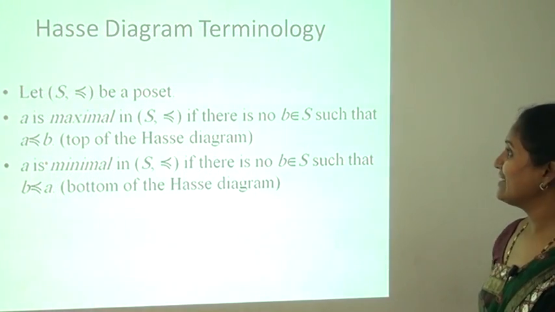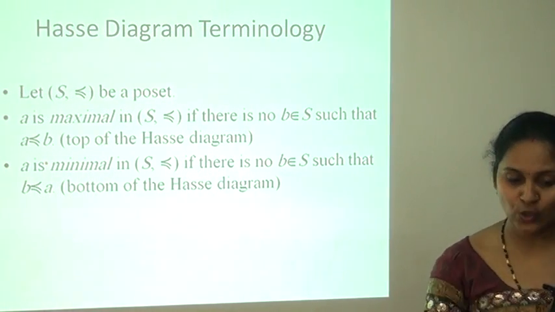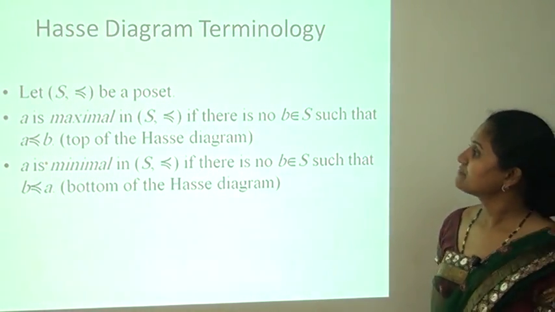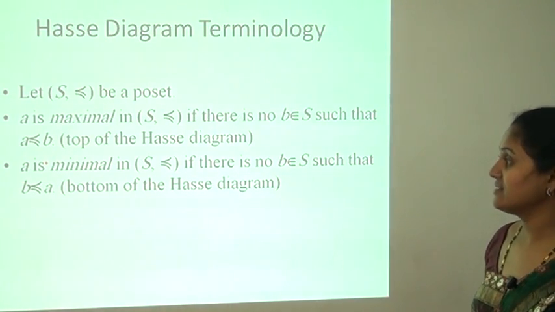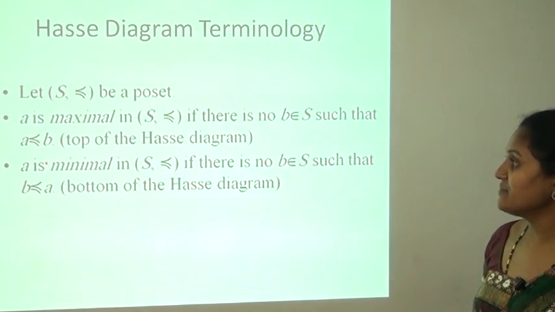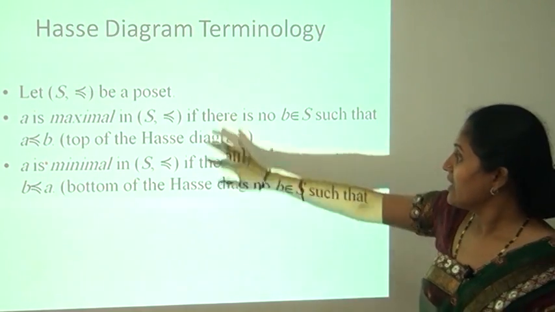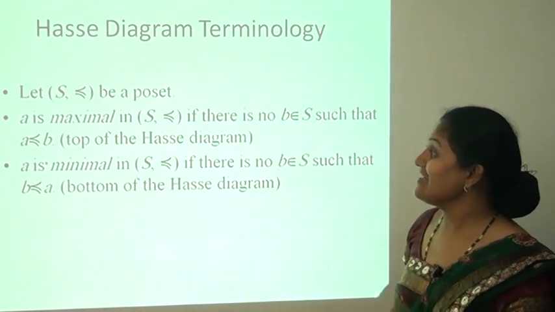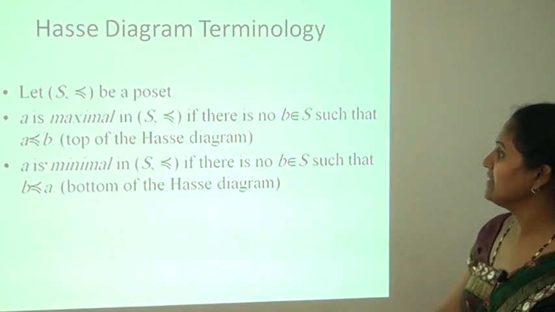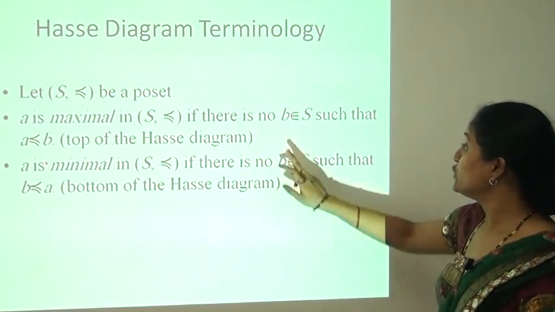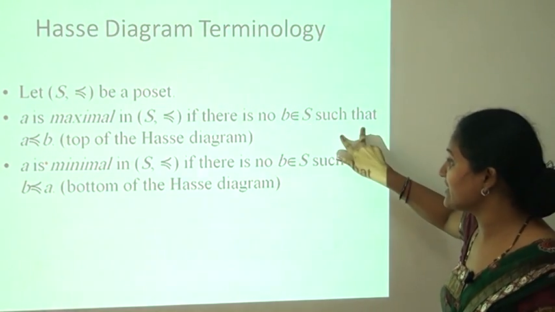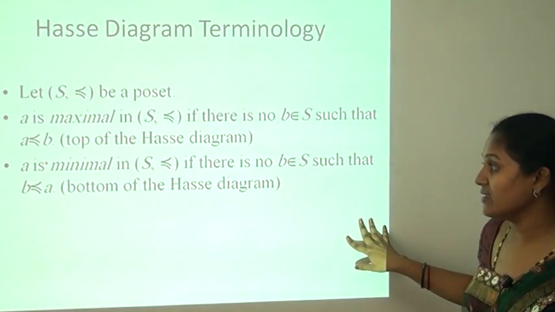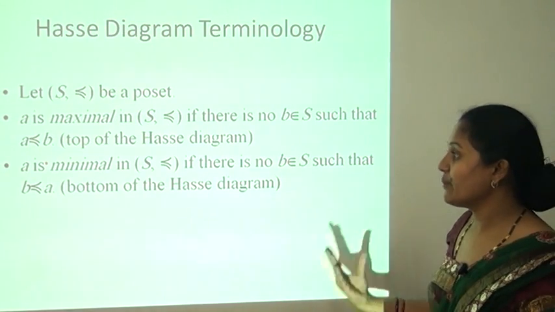Okay, so let's look at Hasse diagram terminology. Let (S, ≤) be a poset. A is called maximal in the poset if there is no B belonging to S such that A ≤ B. This means A is the topmost element.